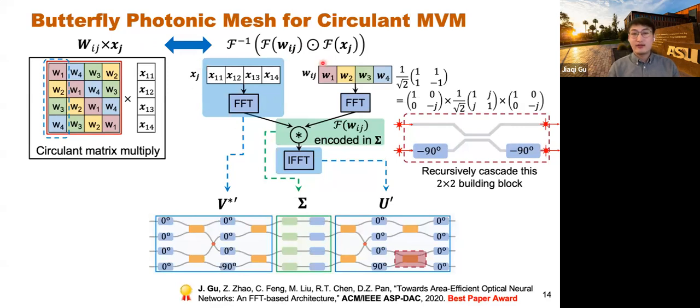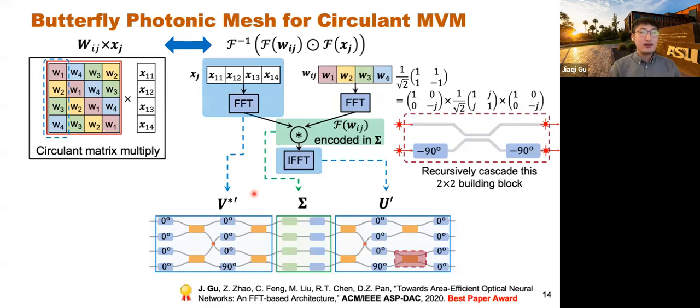And this algorithm has a very nice implementation on photonic hardware. You can implement the FFT with the optical butterfly mesh. By cascading the devices into this butterfly mesh and programming the phase shifter angles, you can implement the optical version of FFT. And you can pre-compute the Fourier-domain weights, FW, and implement them in the element-wise sigma matrices. And the inverse FFT can simply map to the reversed butterfly transform.